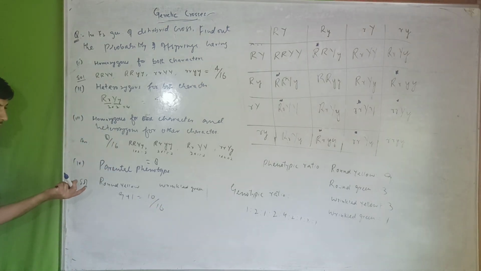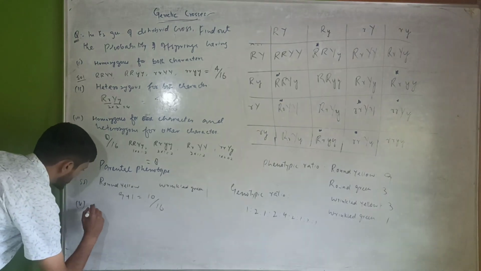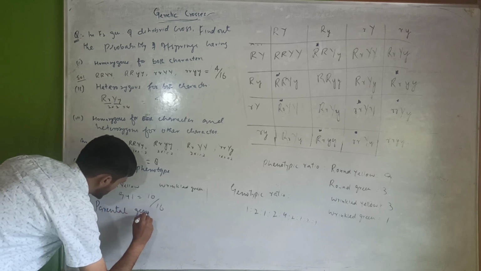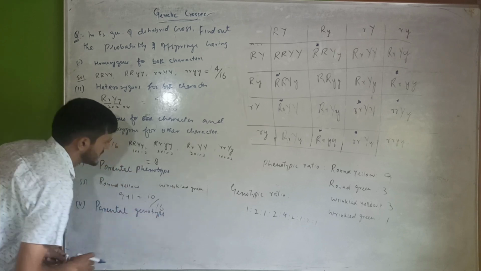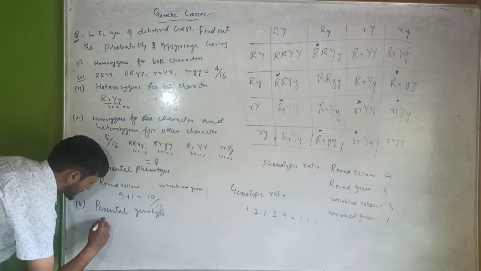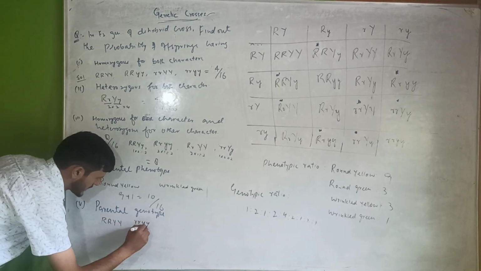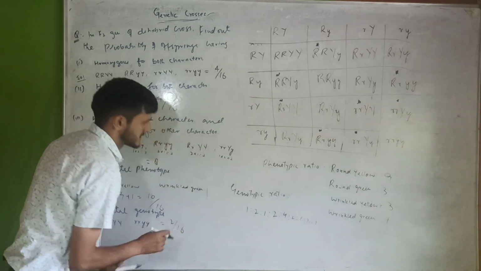How many individuals have parental genotype? The next question may be asked about the parental genotype. That is capital R, capital R, capital Y, capital Y and small r, small r, small y, small y. That is 2 by 16.